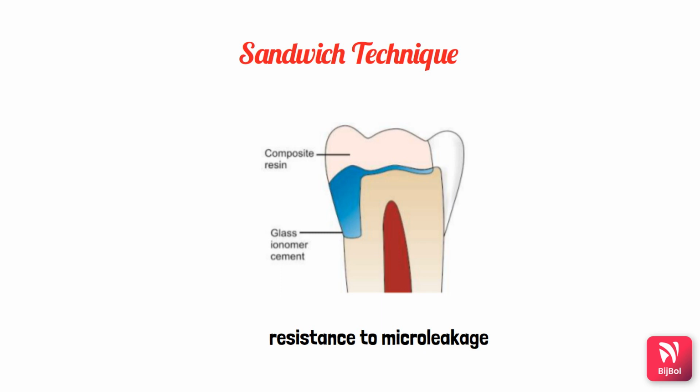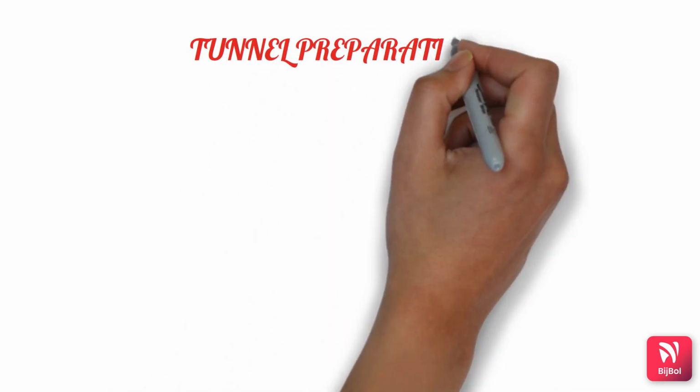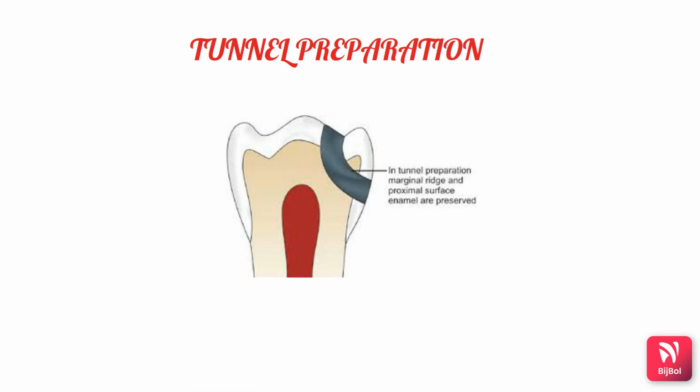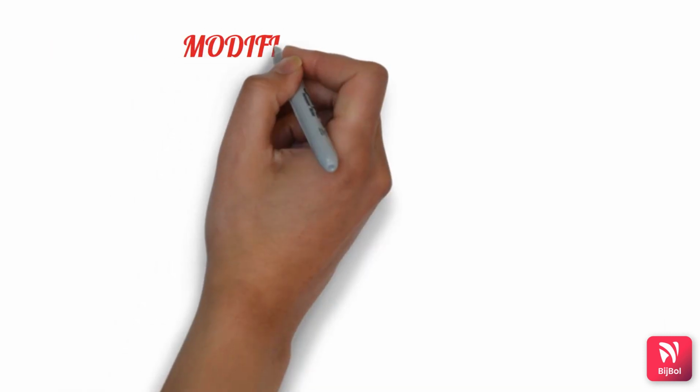Because of this property, this sandwich technique helps in preventing the secondary caries. If you observe the tunnel preparation, it helps in the prevention of caries and also helps in proper sealing because the enamel has been preserved.